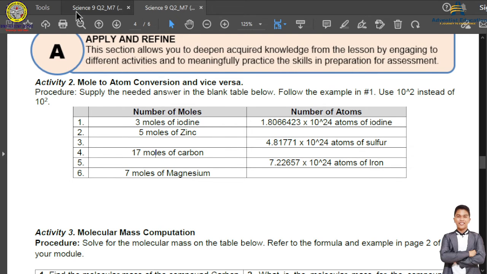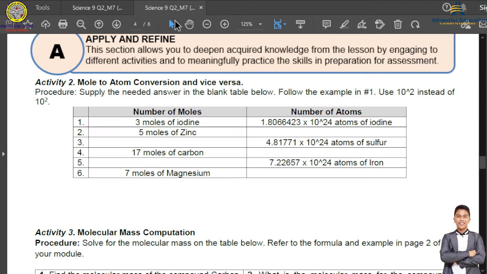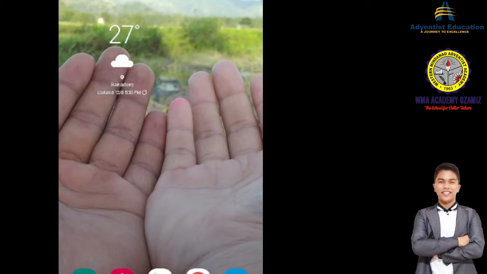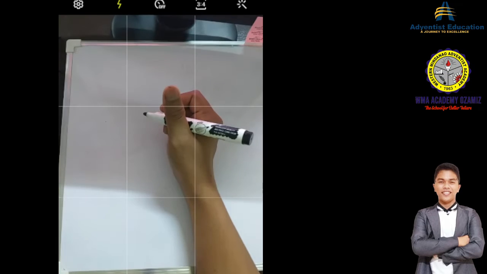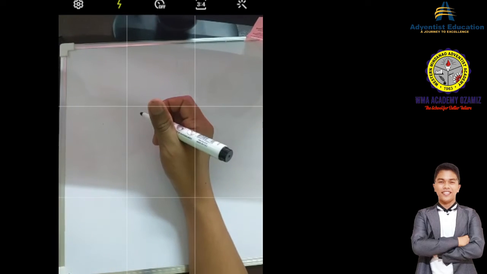How do we calculate that? Since the number of moles is given, go back to the formula. If the number of moles is given, then you are going to use the number of moles. In our activity, the number of moles given is 5.